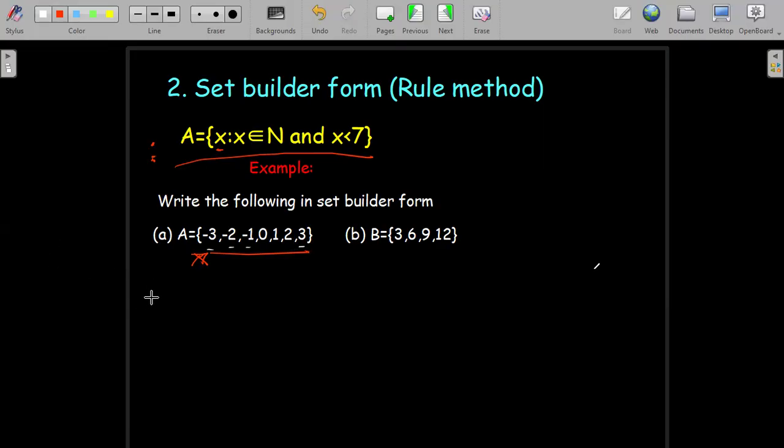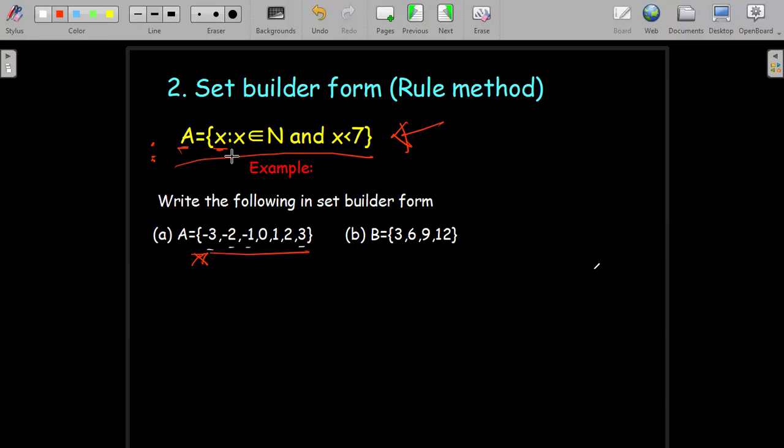So this is the form first, which we have given. This is the general format in which you're going to have it. You have your set, of course, A, then you're saying that this x is an element of that set.